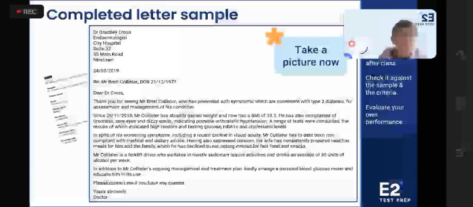Despite his worsening symptoms, including a recent decline in visual acuity. Nice, complex sentence.